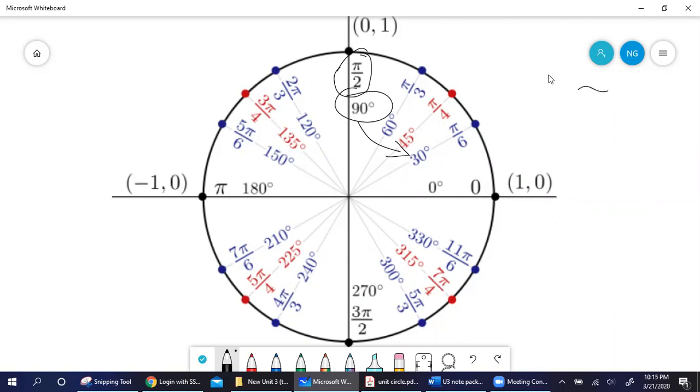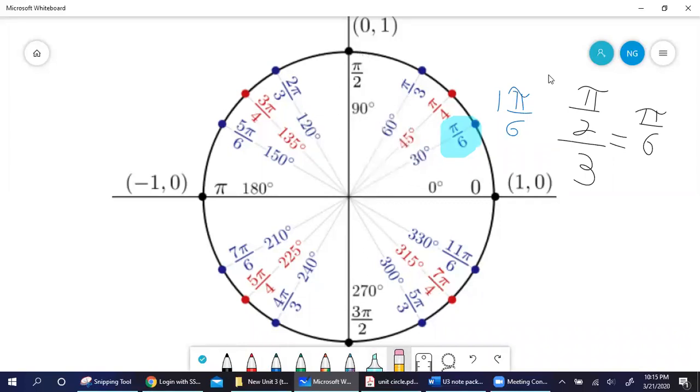So if I take pi over 2 and I divide that by 3, that is pi over 6. If you know that 30 degrees is pi over 6 radians, or let me say it as 1 pi over 6 radians, and you can count, every increment of 30 is just going to be another pi over 6.